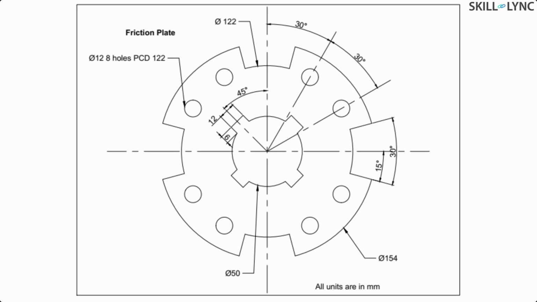Also the rivet holes are located from the center point of the axis at 30 degrees, and each and every subsequent rivet hole is spaced 30 degrees from the other. So these are the typical dimensions inferred from this drawing.